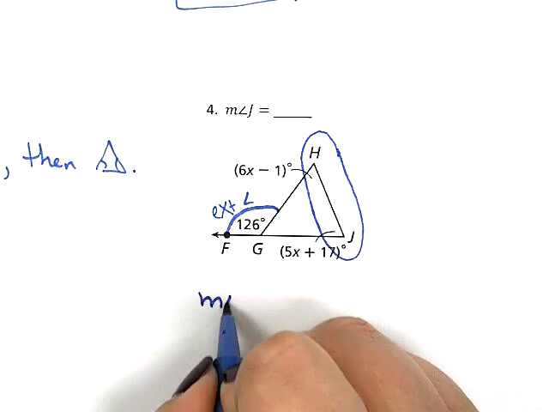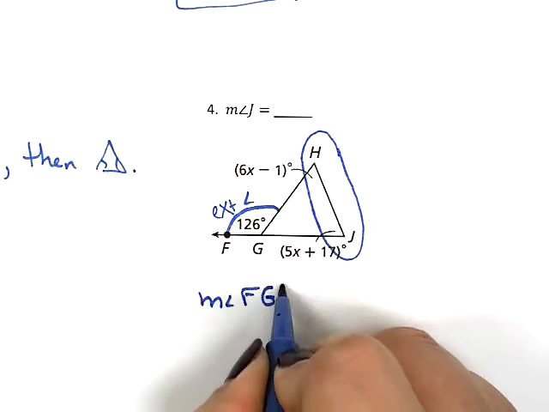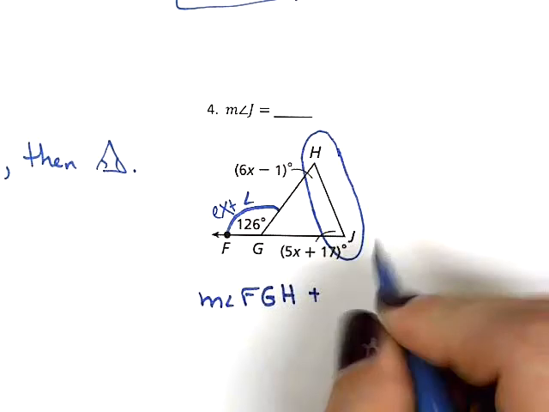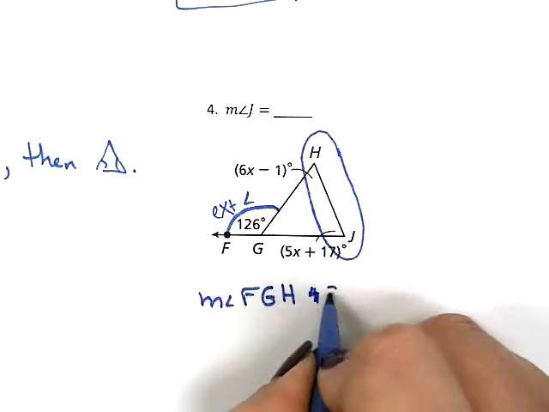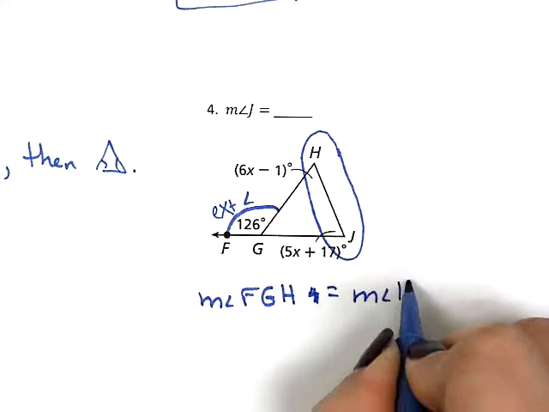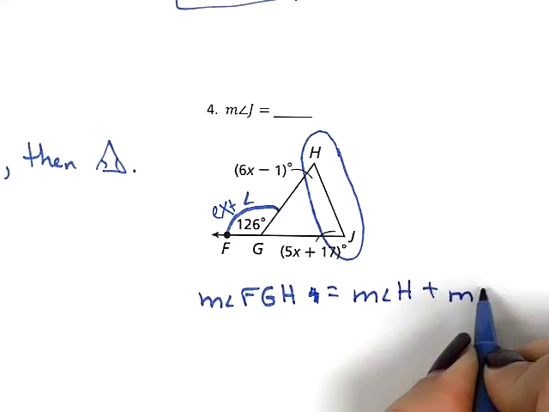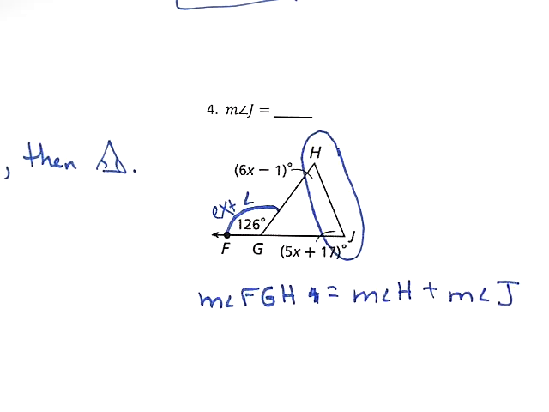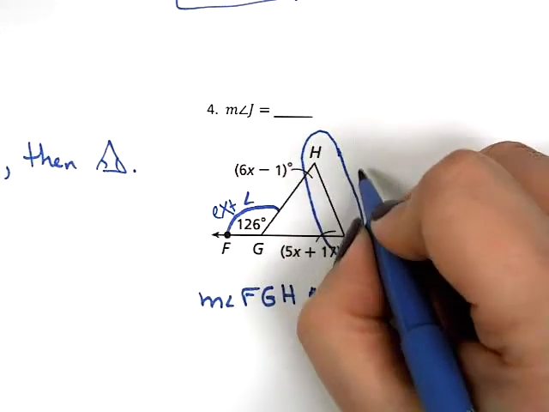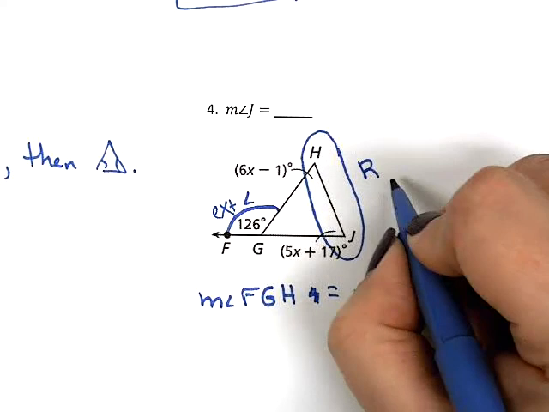So the measure of angle FGH is going to equal the measure of angle H plus the measure of angle J, because H and J are the remote interior angles for angle FGH.